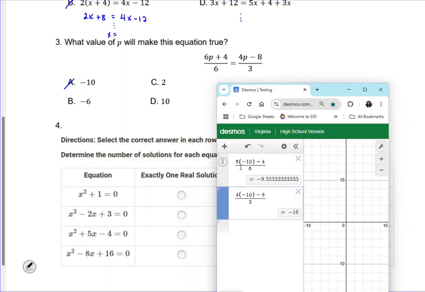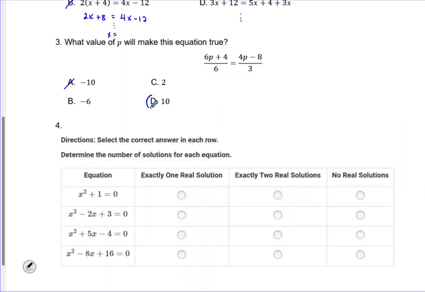Let me go through B, change that to -6, change that to -6. Nope. Change it to 2, change this to 2 for answer choice C. Nope, so it has to be 10. There you go. It doesn't matter what this number comes out to be. It just means that 10 gives me a true statement. Left side equals the right side, so that works.